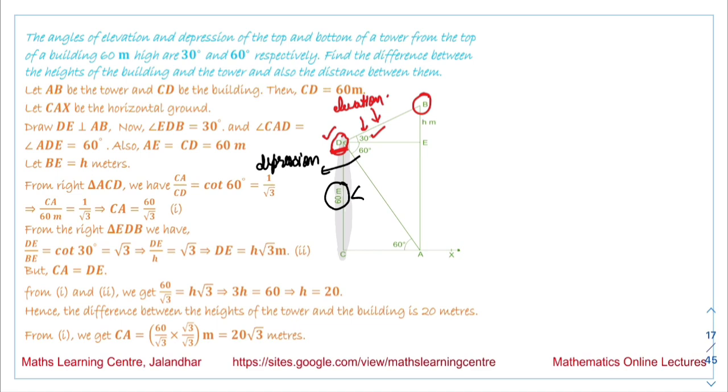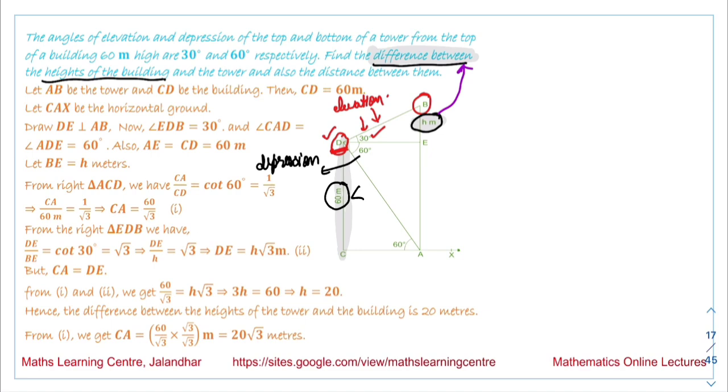Then we have to find the difference between the heights of the building and the tower and also the distance between them. So we consider that the difference of height is h meters.